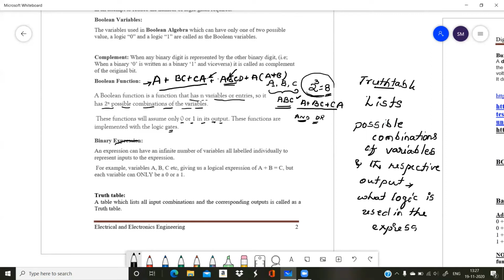So for any logical expression, we can write the truth table.